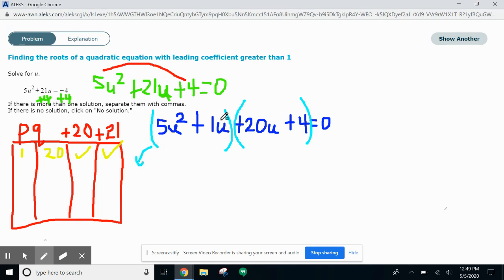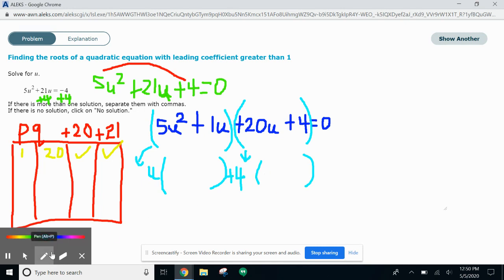The only thing they really have in common is the u. So the u will come out, and that'll be on the outside. Over here, what can I take out? Well, they have a 4 in common, so I'll take out a positive 4.